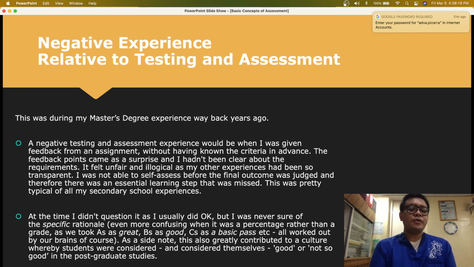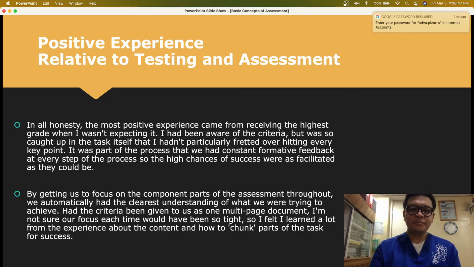It was even more confusing when it was a percentage rather than a grade. With a grade, B is good, C is basic, pass, and so on, and it all worked out in our brains. As a side note, this also contributed to a culture in which students were able to consider themselves as doing well or not so well in postgraduate studies.